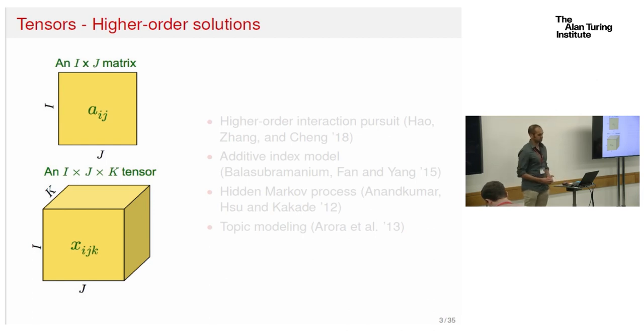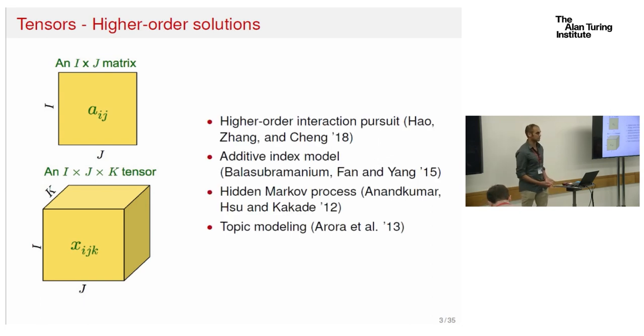Another place where tensors are also arising more and more is in algorithms. So even if your data is originally in the form of a vector or matrix, many algorithms are using higher order information. You can imagine that second moments or variances are typically matrices, but many algorithms are going to higher order moments like third order, fourth order, and so on. And these are typically represented as tensors.